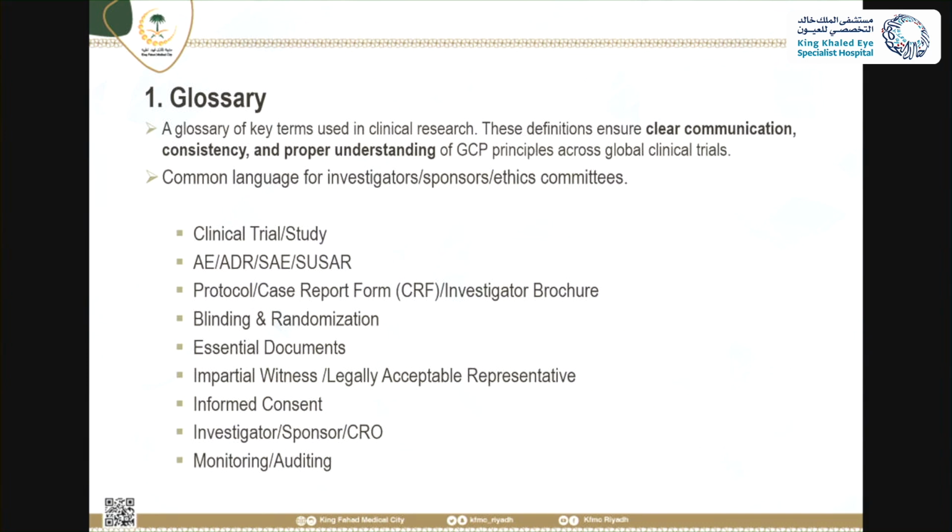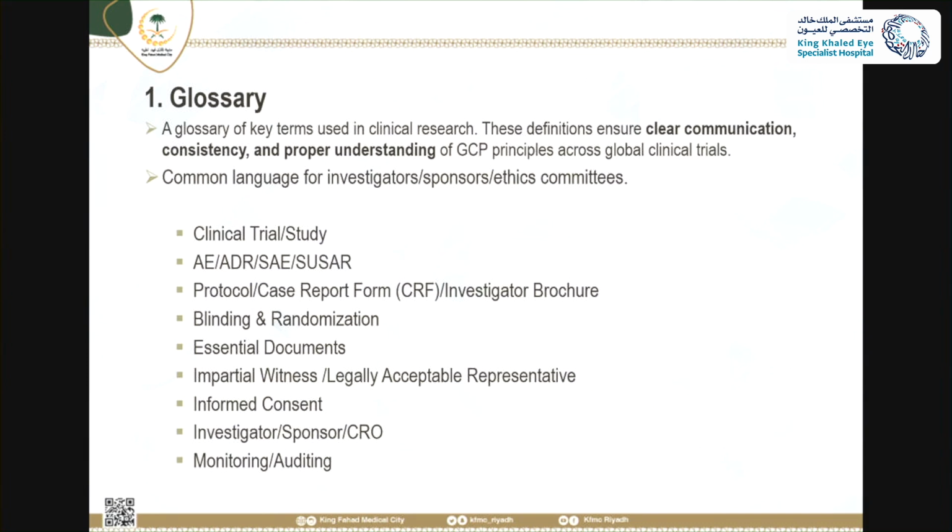I'm sure the majority of clinicians are doing observational studies. However, in the business of clinical trials, when you deal with a pharmaceutical company, the terminology is a little bit different. For example, can you differentiate between what it means, clinical study and clinical trial? Are they the same or not? Clinical trial is specifically when you test a new drug or a new medical device on a human being.